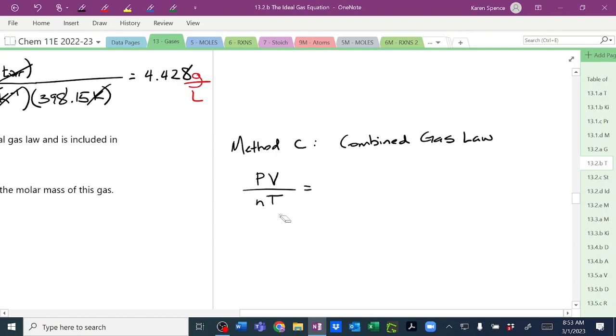And you could put an R here, PV over nRT, so that's P1 V1 over n1 R T1 equals P2 V2 over n2 R T2. Now, normally we don't put the R in there because R is a constant and we don't need it when we're doing proportionality between the two. So we can get rid of the R.